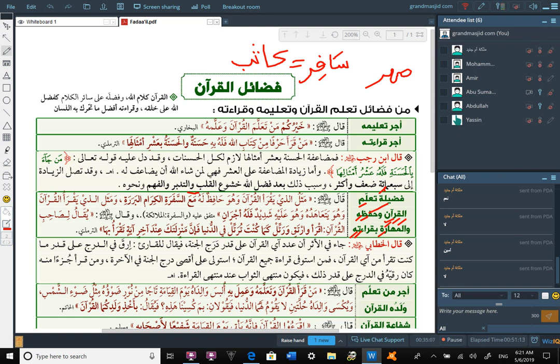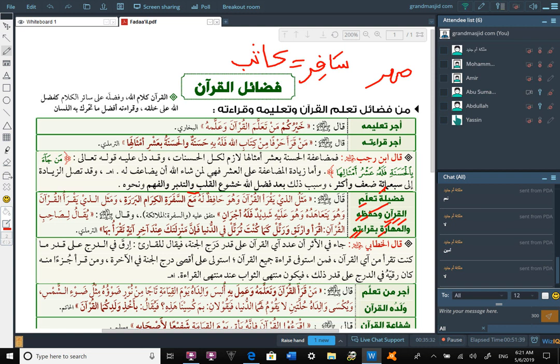Al-barara. Al-barara comes from the root ba-ra, and it has the meaning of al-muti'un here, meaning obedient. For bir, when we say laysal bir, it is not righteousness, it is not bir, that you turn your face towards the east or the west, right? The word bir has the meaning of obedience.